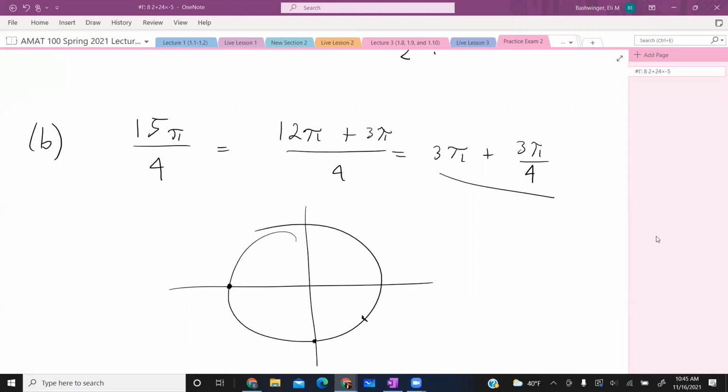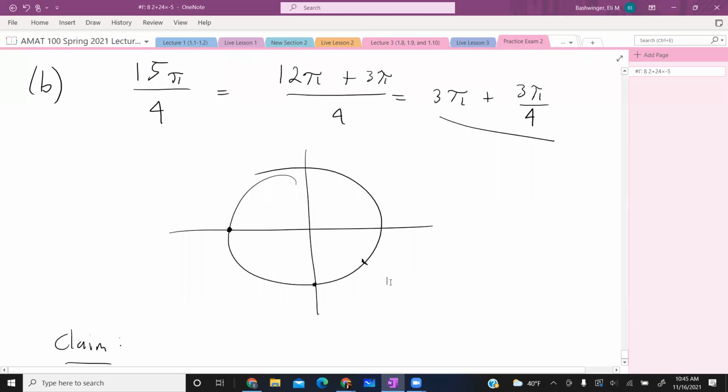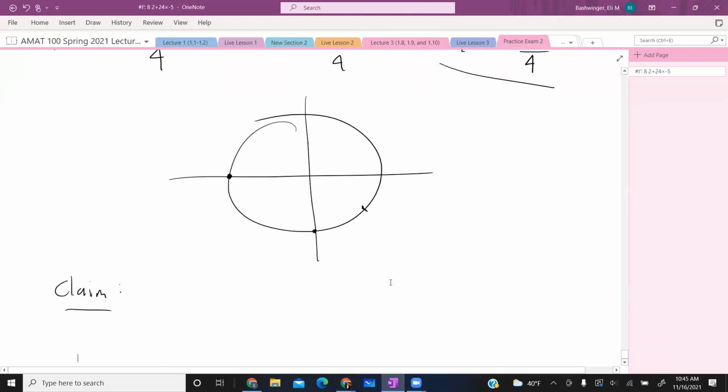Yeah, so you're in the... oh, I know why. Okay, I'm comparing the wrong numbers. So the claim is that this point corresponds to a point in the 4th quadrant.